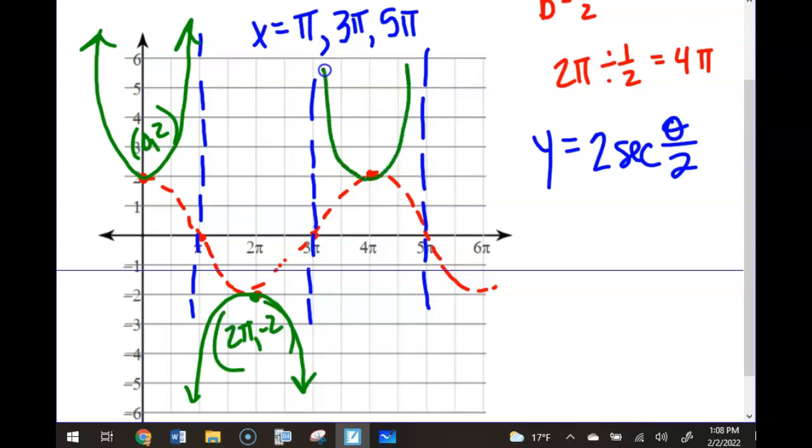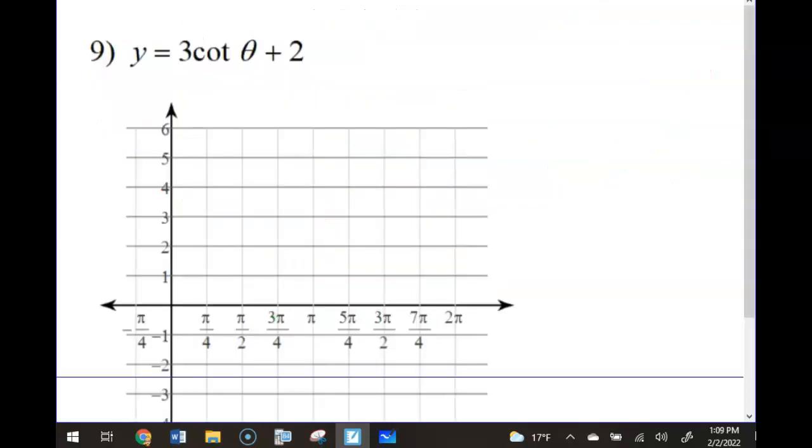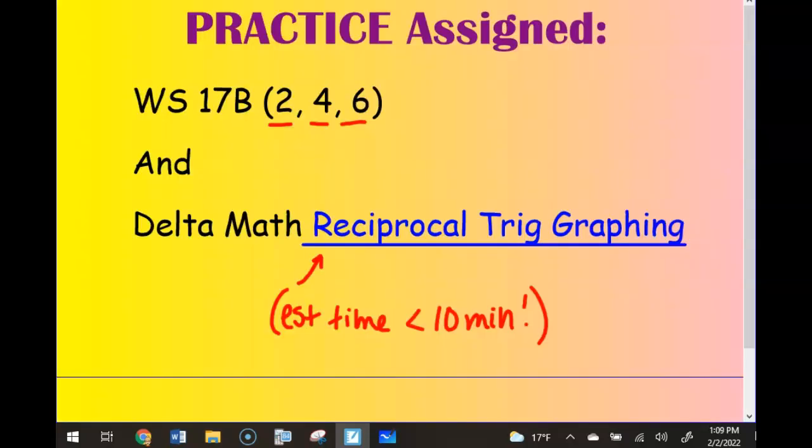Okay? All right. So what you're supposed to do today is, on worksheet 17, go back and do numbers 2, 4, and 6. And then there's a Delta Math called reciprocal trig graphing. The estimated time according to Delta Math is less than 10 minutes to get that little assignment done, okay? I will tell you, a bunch of them are matching.